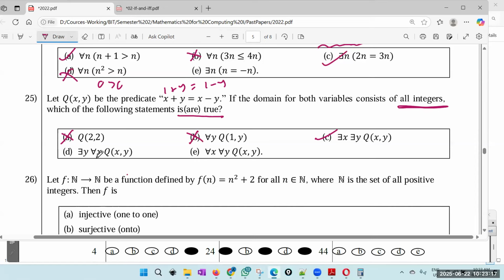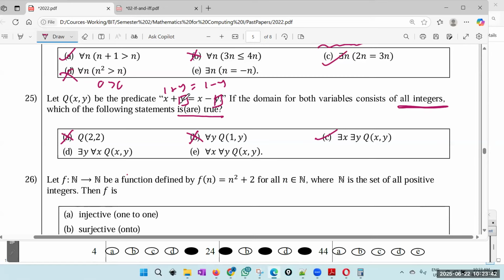For all x, there exists y. That means there must be at least one y, just one y, for which this is true for all x. Do we have such a number?